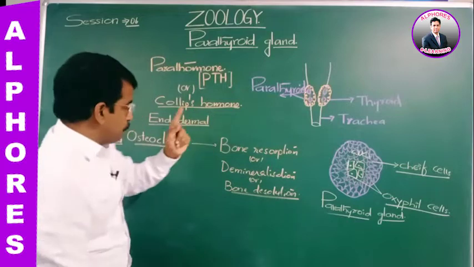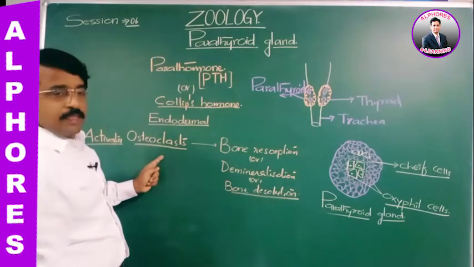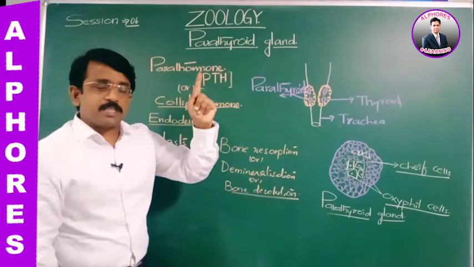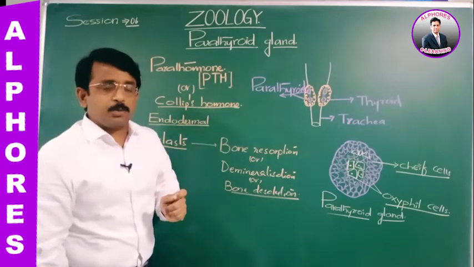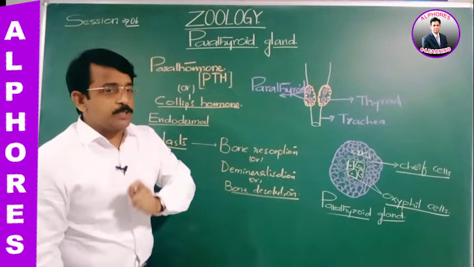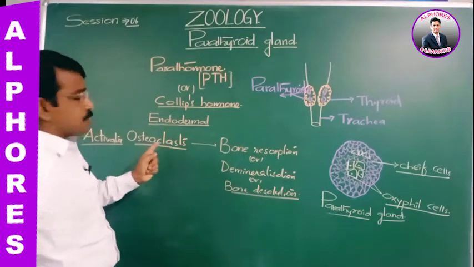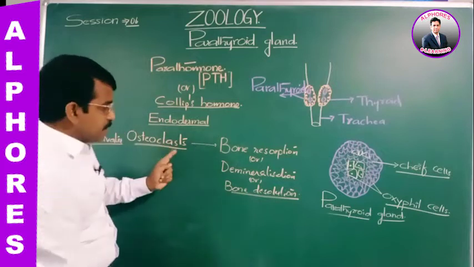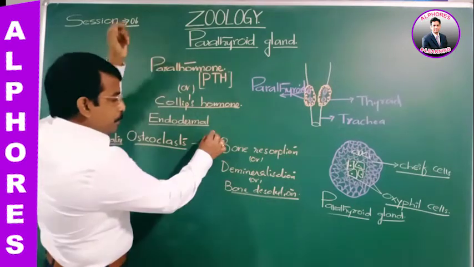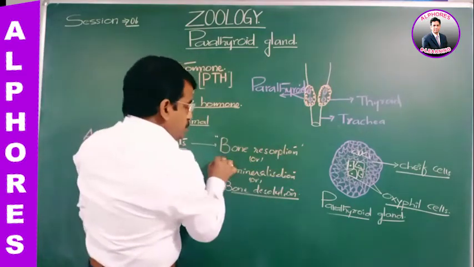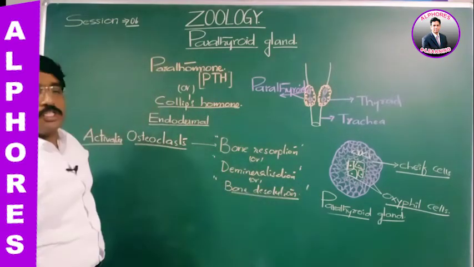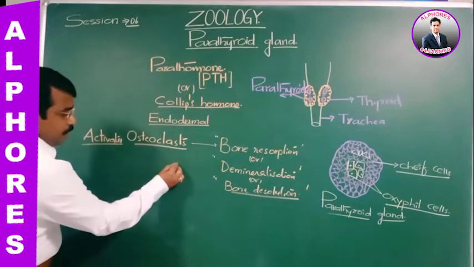In the case of the bone, osteoclast. Wandering macrophages and histiocytes in the case of the areolar connective tissue. Likewise, we see the case with the osteoclast. They are the macrophages, that is, they play a role in bone resorption, demineralization, bone dissolution.